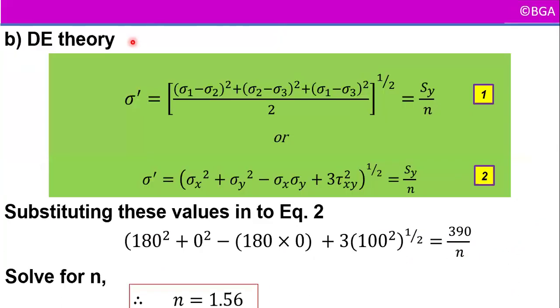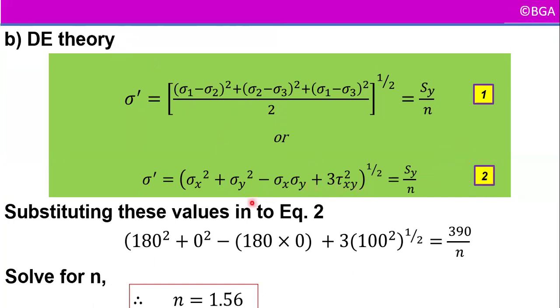Now let us find out the factor of safety using distortion energy theory or von Mises theory. Again, von Mises theory is expressed in terms of principal stress like this, or it can be expressed in terms of applied stress like this. Again, the stresses given in the problem are all applied stresses, so we use equation number 2 for this case again.